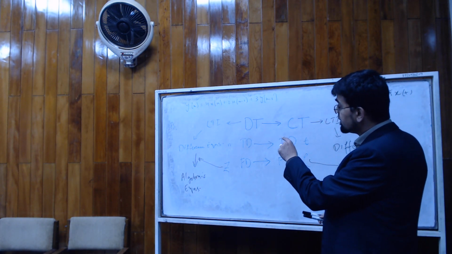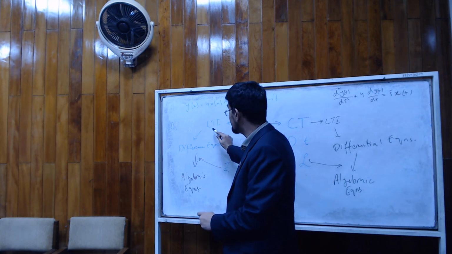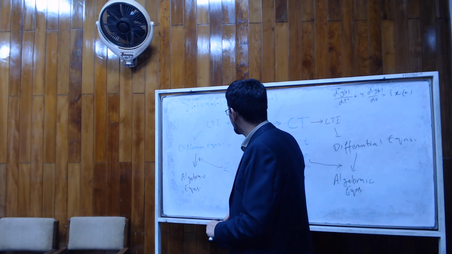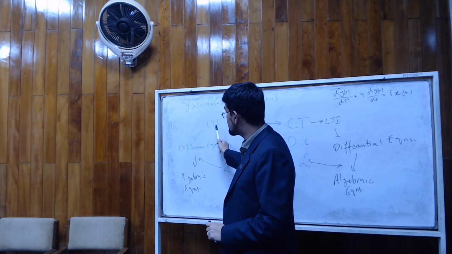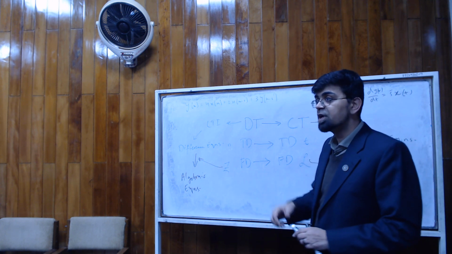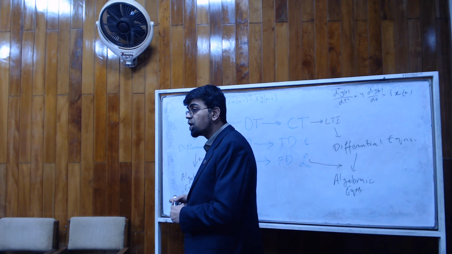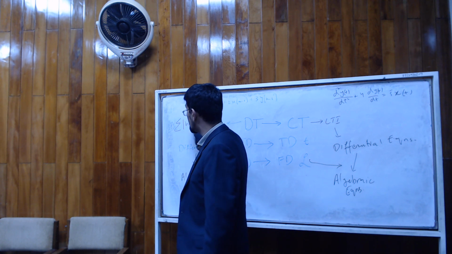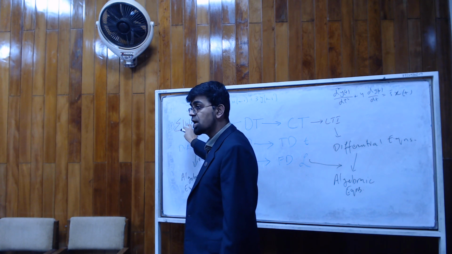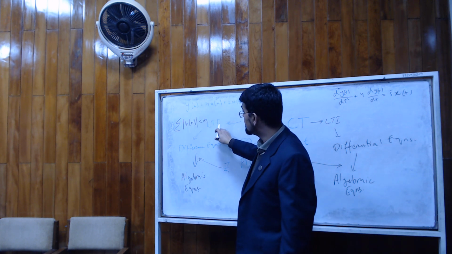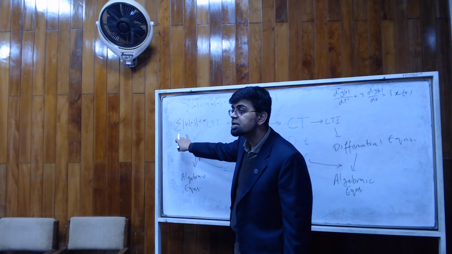Another thing that we did have here in discrete time LTI was not just the model of the system. We also looked at how you can tell if an LTI system is stable, causal, all that, based on its impulse response. So for a DT LTI system, by now you should know that if the absolute sum of the impulse response sequence is finite, we say that the DT LTI system is stable.